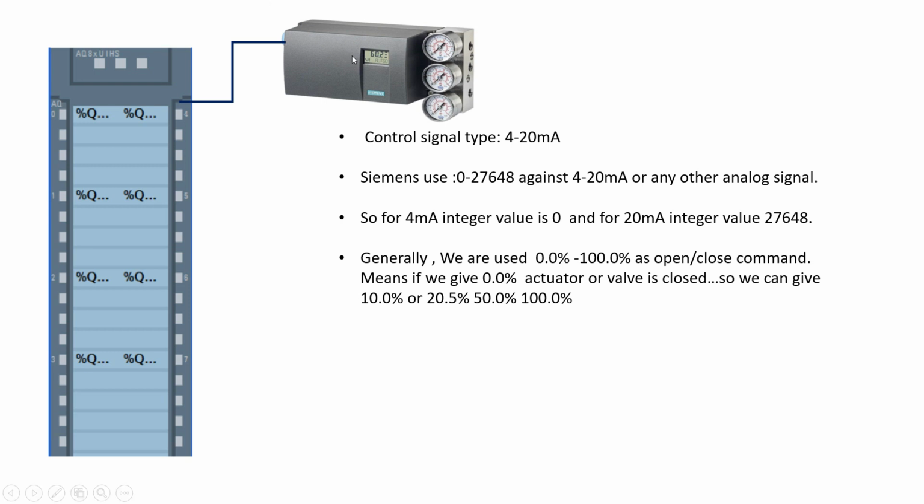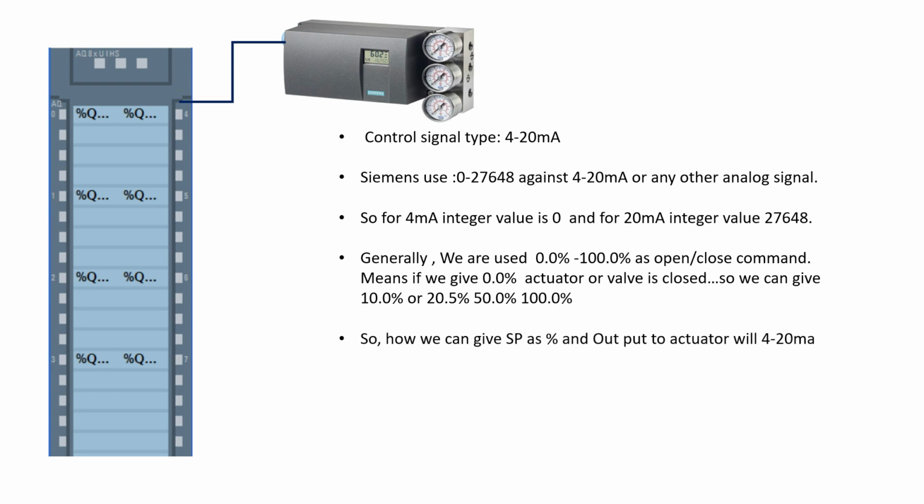So here our input signal is 0 to 100% from the HMI, and that 0 to 100% will be converted by the program. The program converts 0 to 100% to that integer value, and that integer value is sent to the analog output channel. So physically we will get the 4 to 20 milliamp signal.